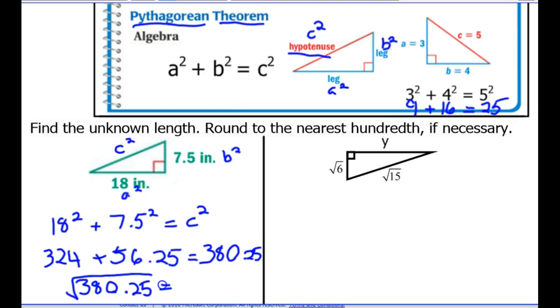So let me put this in quick. The square root of 380.25 is 19.5. So 19.5 is our c. So 19.5 inches.